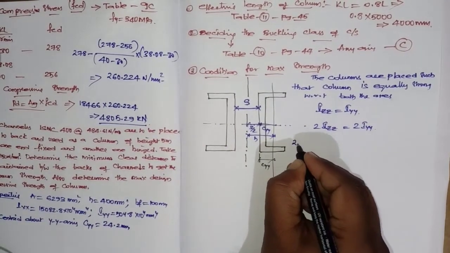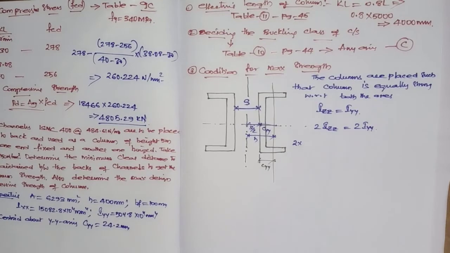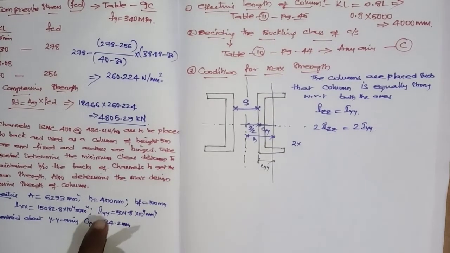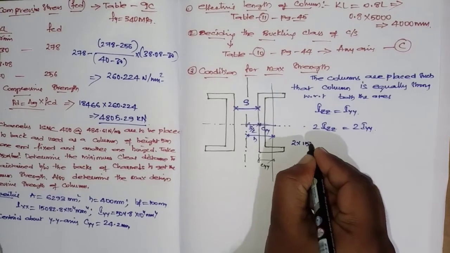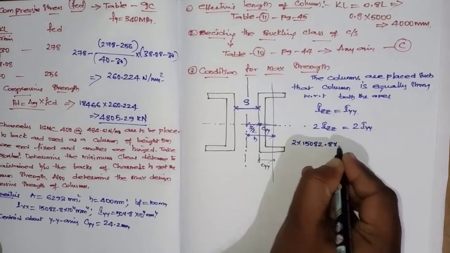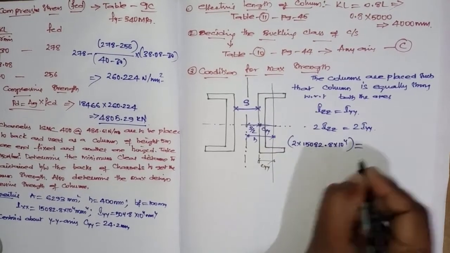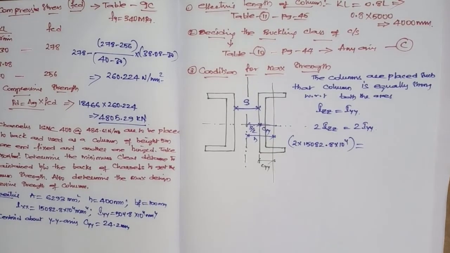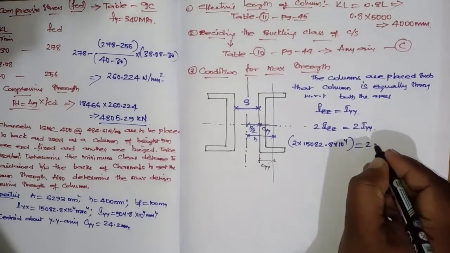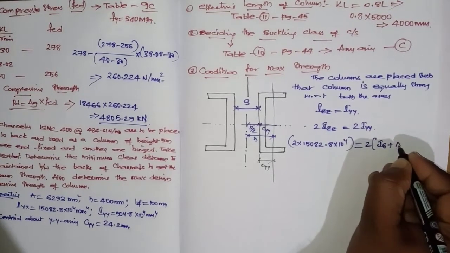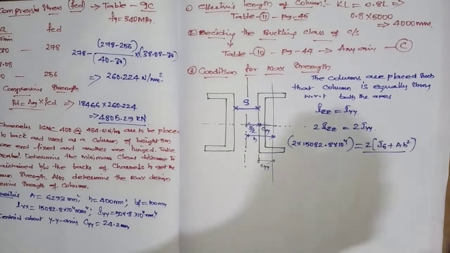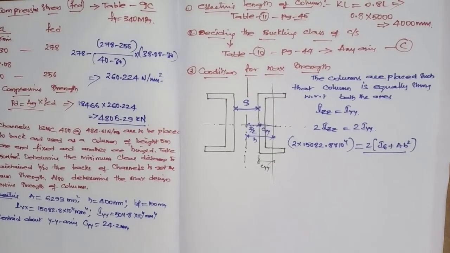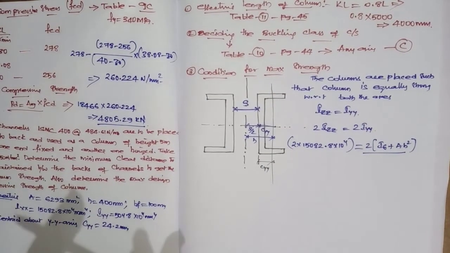That is 2 into Ix, 15082.8 into 10 power 4, which equals, what is IYY? I have to take IYY of channel sections. Here you will be getting Ig plus AH square, parallel axis theorem.